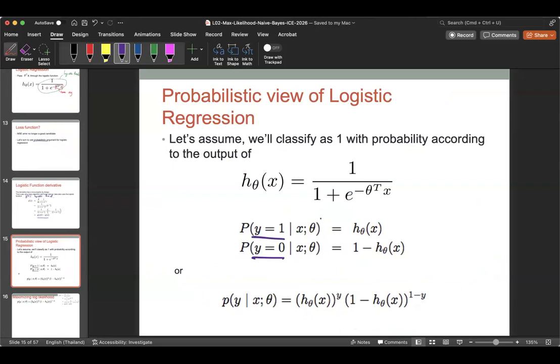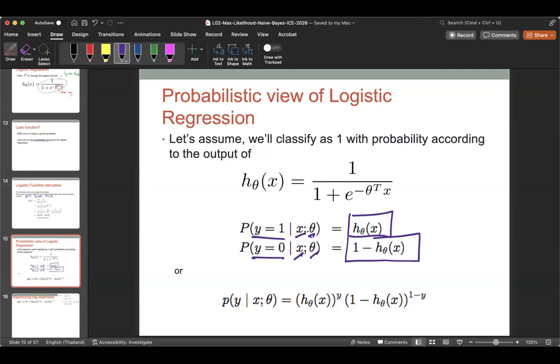According to our model, we answer yes with some probability, and we answer no with the conjugate, 1 minus the probability, since there are only two classes, 1 or 0. So this is our probability setup.